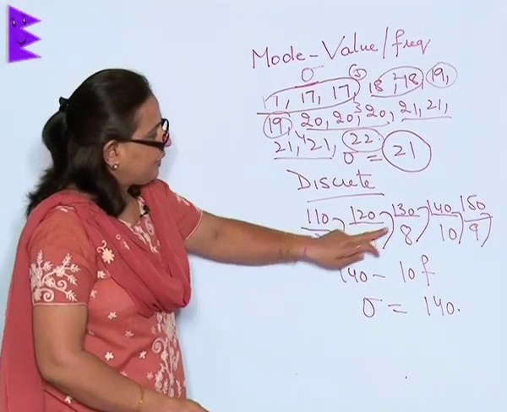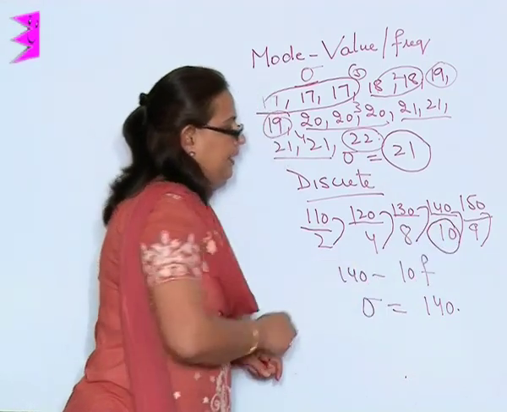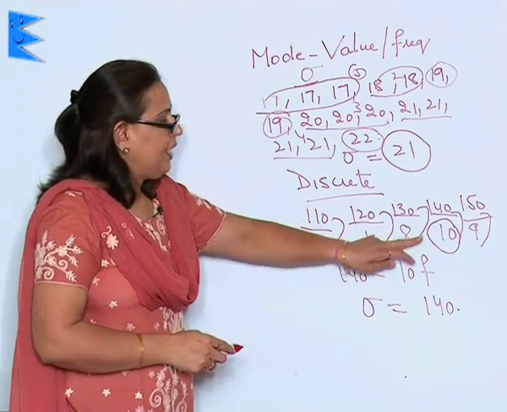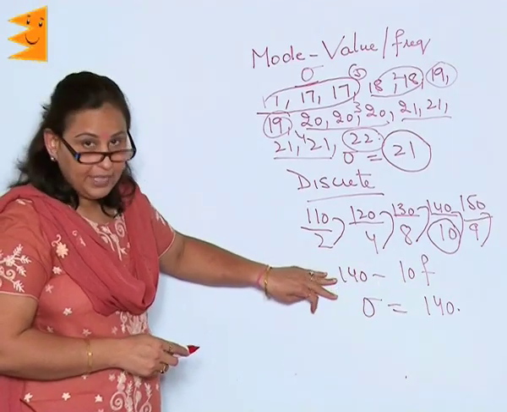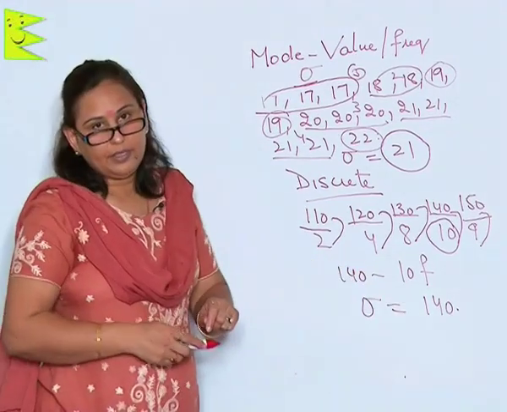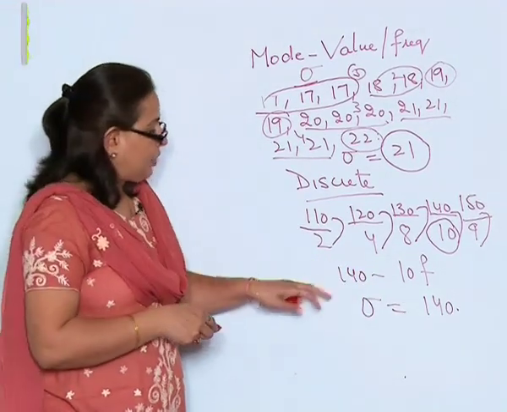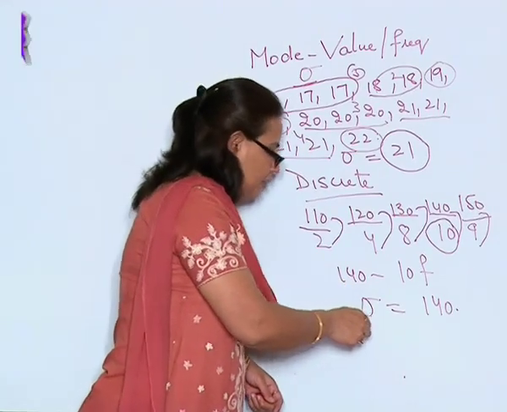Here it is clearly visible. The highest that I shall see is this 10. The frequency 10 is occurring most often, that is 140 marks are obtained by 10 students. More students have secured 140, which means the mode is 140.